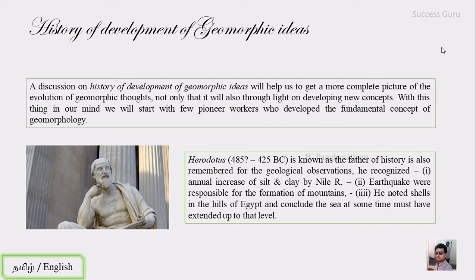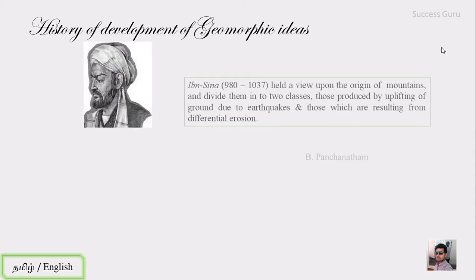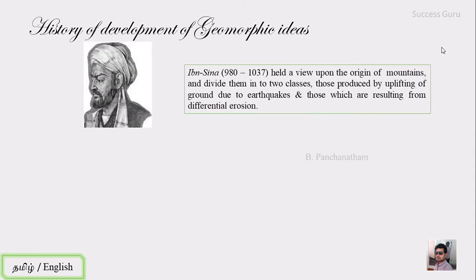So he is the very first one who actually observed as well as recorded the geomorphic events that take place around us.